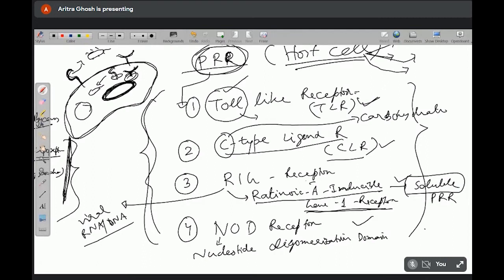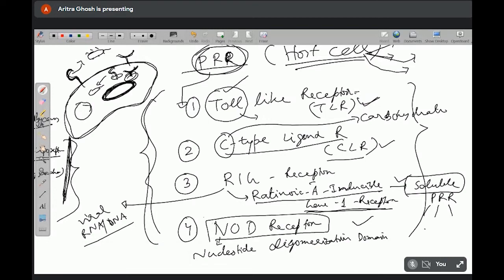So in this way, recognition happens. Is NOD also soluble? Yes. No, it is not written anywhere whether it is soluble or not, so I am not saying that. But RIG is called soluble and written so in many journals.